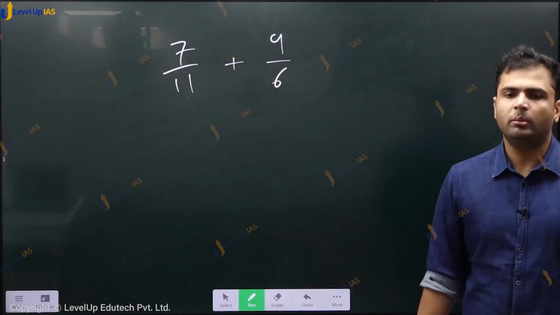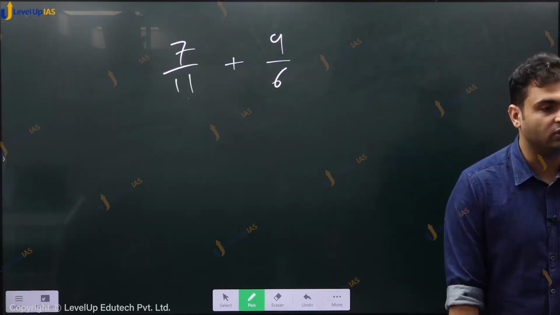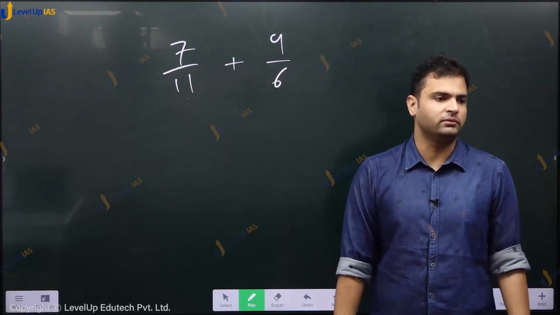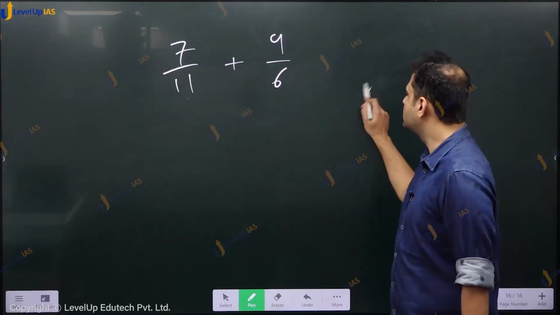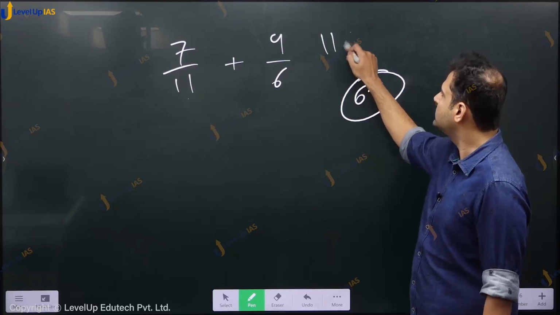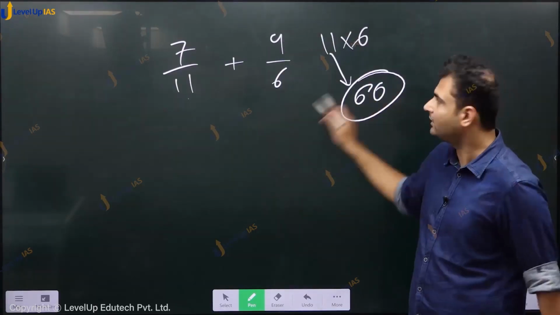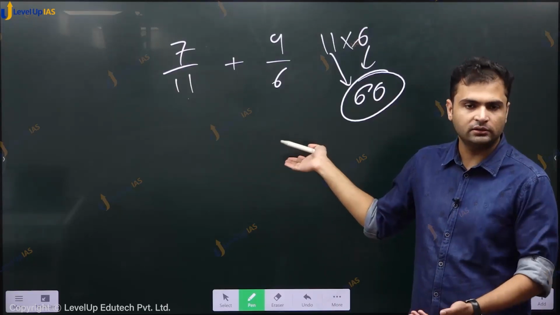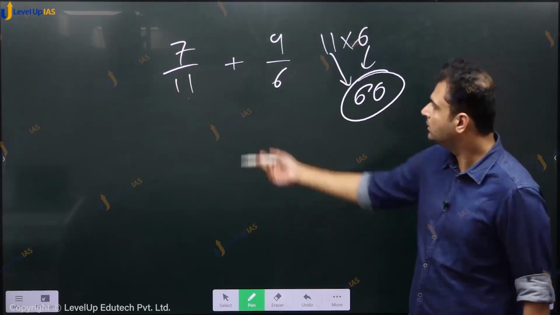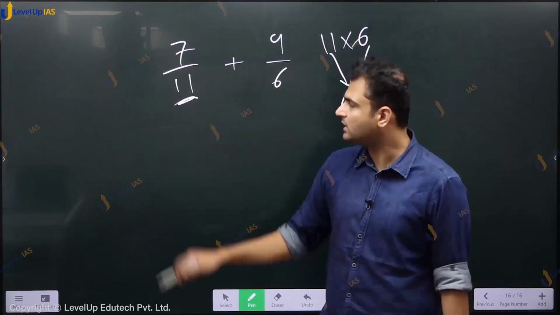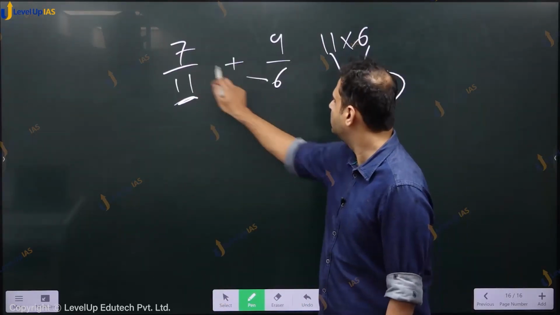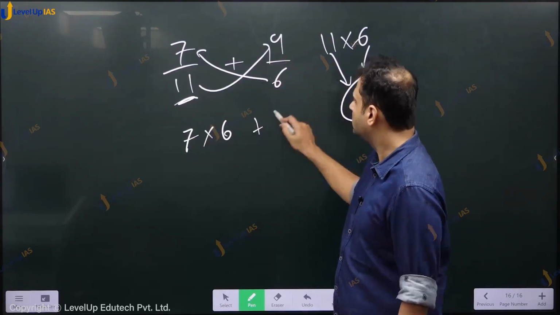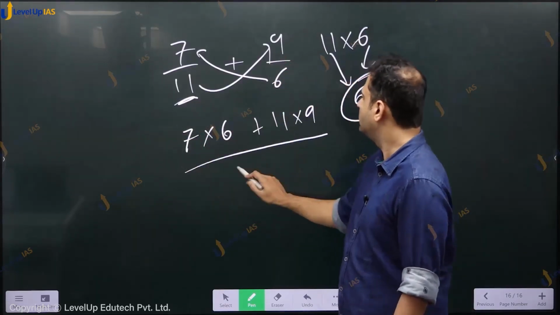I just need a common denominator, and the easiest way to find the common denominator is we know that multiplication of these two numbers is a common multiple. 11 into 6, 66, if I do, because it is 11 into 6, it comes in the table of 11 and also in the table of 6. समझ रहे हो? So if I want to make this denominator as 66, I multiply both by 6, which is nothing but this number. So I have 7 into 6 plus 11 into 9 divided by 11 into 6.